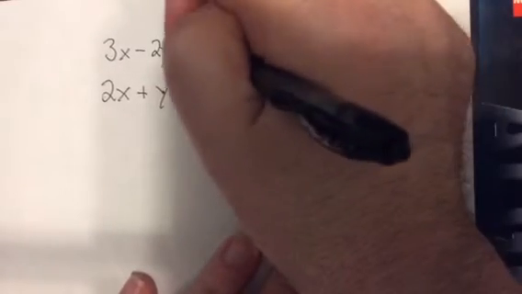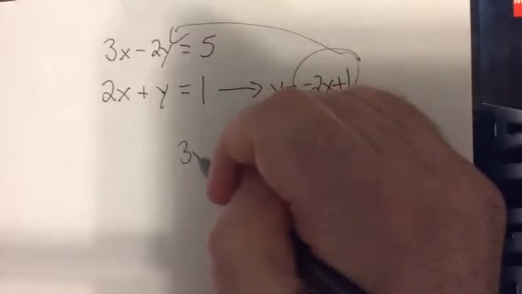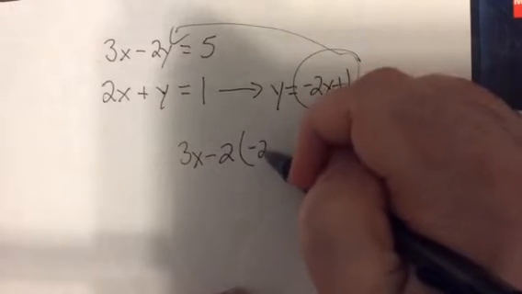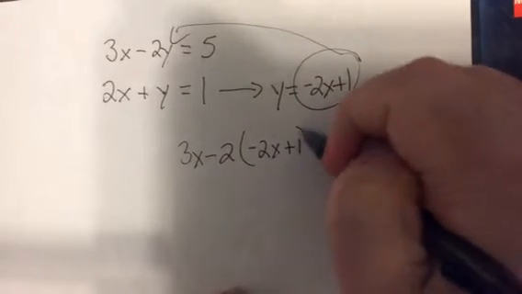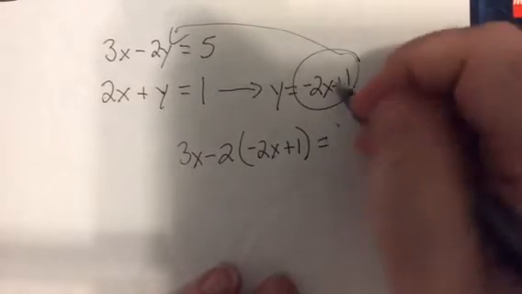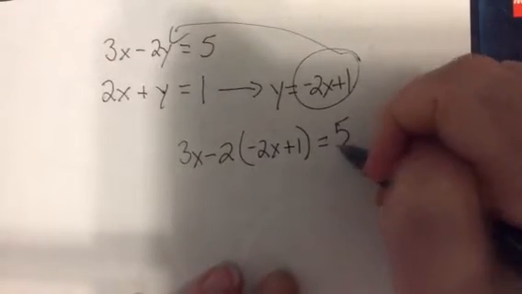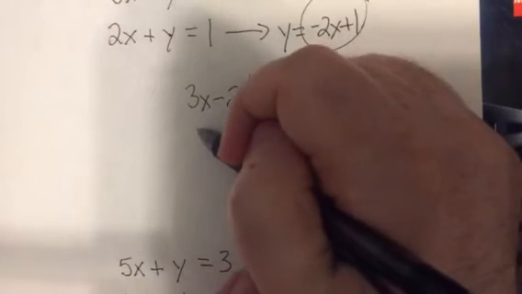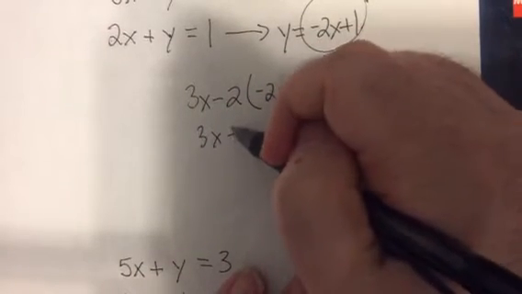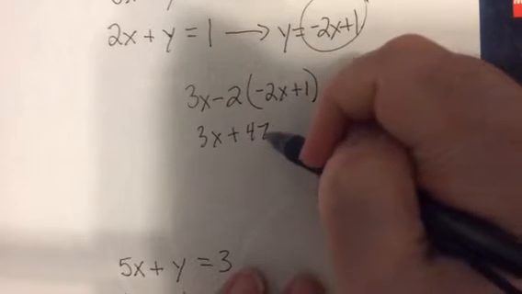Take this, put it in for the other y. 3x minus 2 times minus 2x plus 1 equals 5. So this would be 3x minus, or I'm sorry, plus, because 2 negatives is a plus. I almost made a boo-boo.